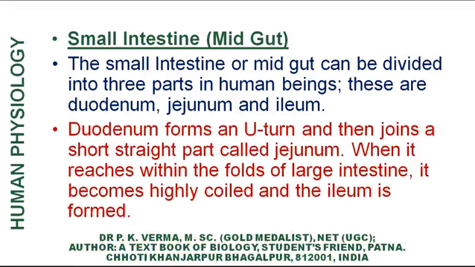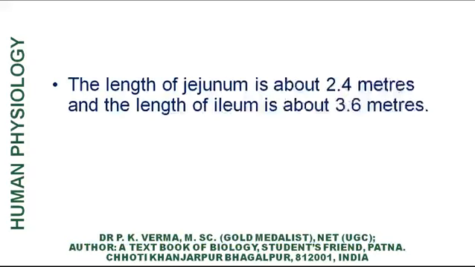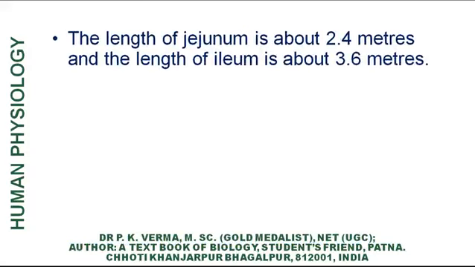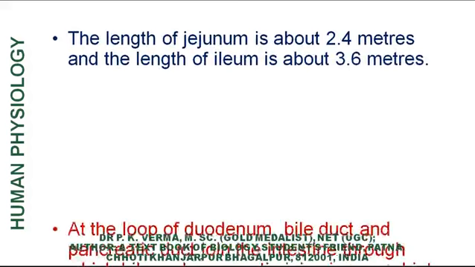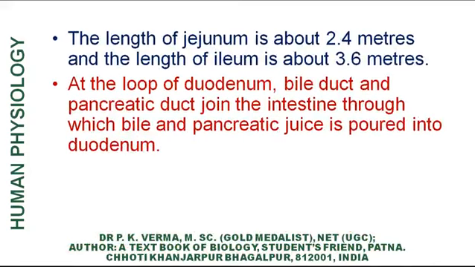Duodenum forms a U-turn and then joins a short straight part known as jejunum. When it reaches within the folds of the large intestine, it becomes highly coiled and the ileum is formed. The length of ileum is 3.6 meters, whereas duodenum is hardly half to 1 meter long.